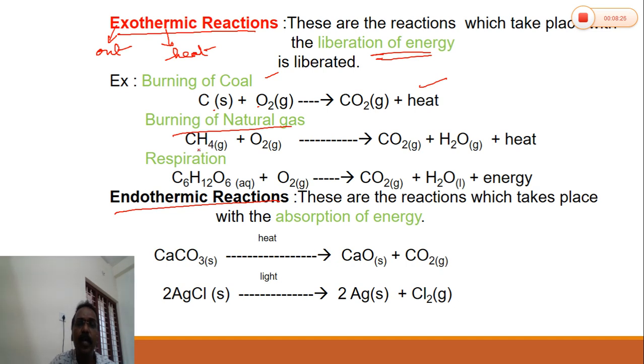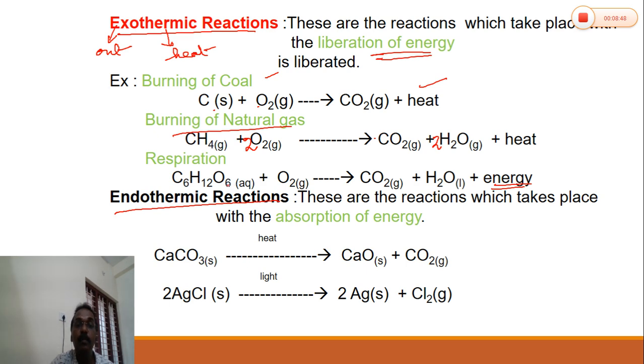This equation is not balanced. CH4 has hydrogen 4, so put 2 here to make 4 hydrogen in water; oxygen is 2 plus 2, which is 4. Now the equation is balanced. This is the burning of natural gas. Next one is respiration. In respiration, we know energy is released, so this is an example of an exothermic reaction.